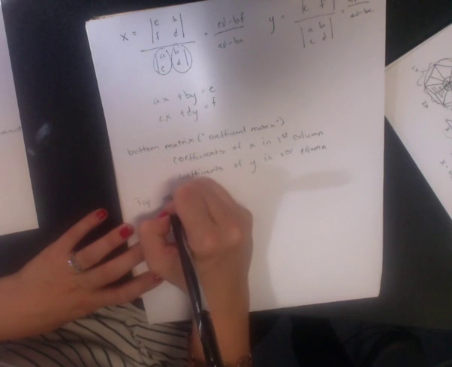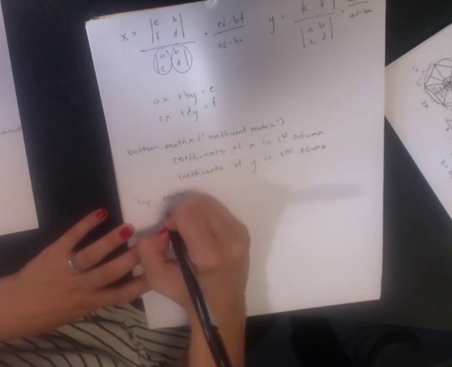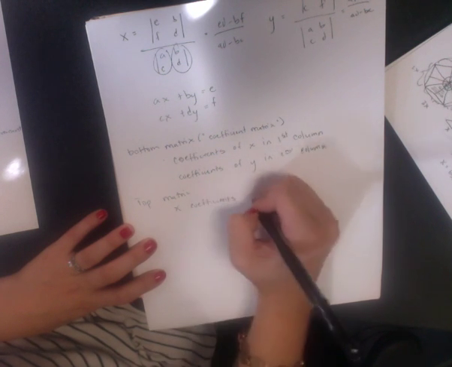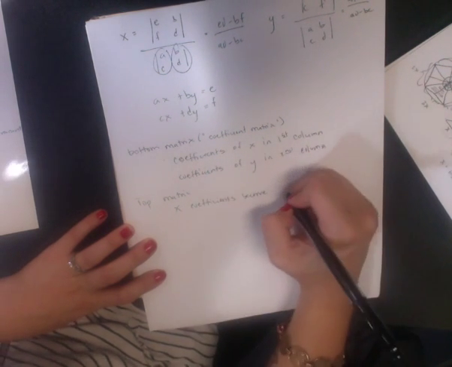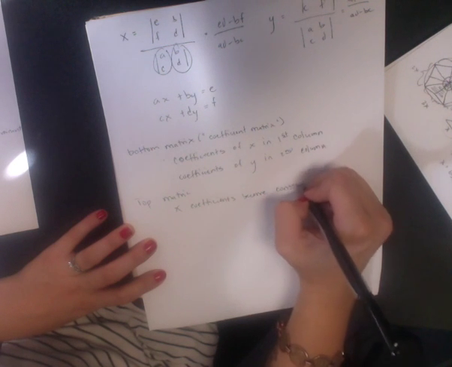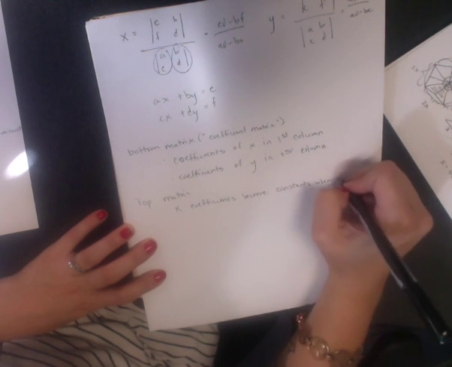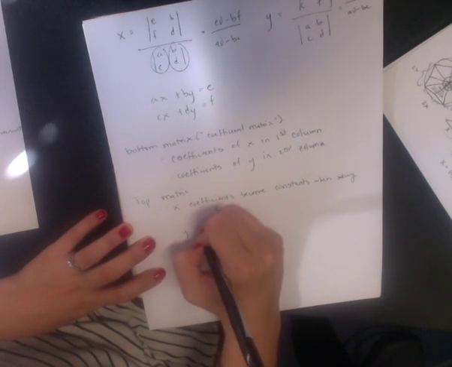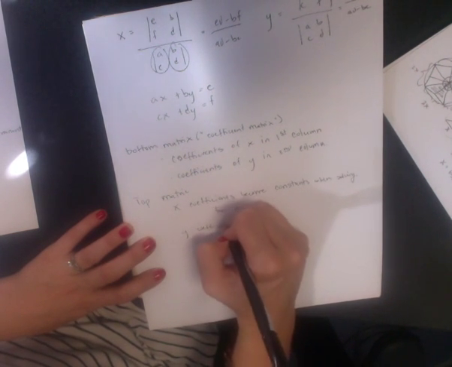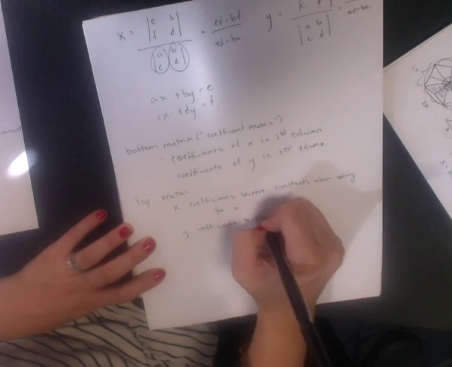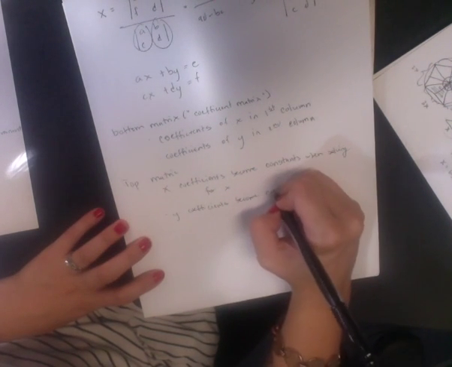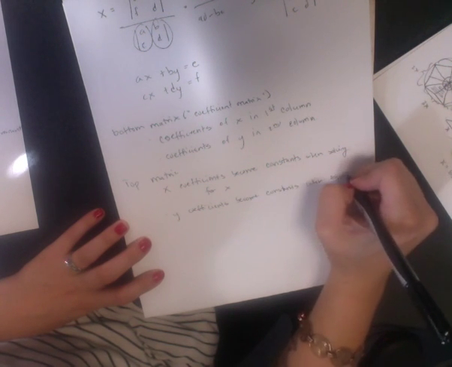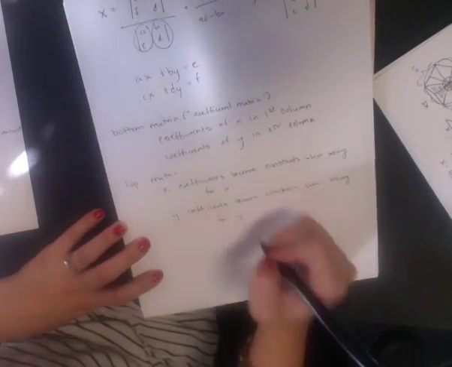Our top matrix, the x coefficients become constants when solving for x, and the y coefficients become constants when solving for y.